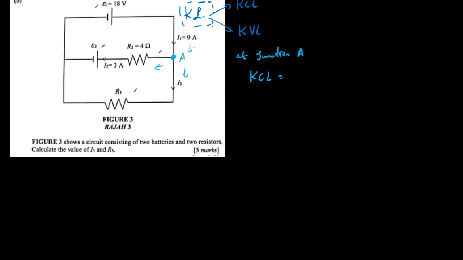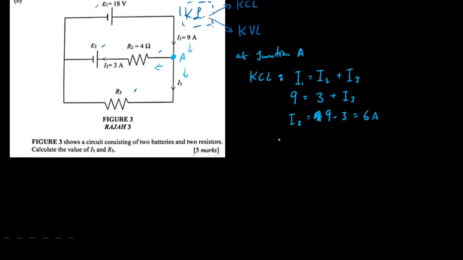So I1 equals I2 plus I3. If I have 9 here, and I find that I2 has the value of 3, then I can most certainly calculate I3, which is simply 9 minus 3, which is 6.